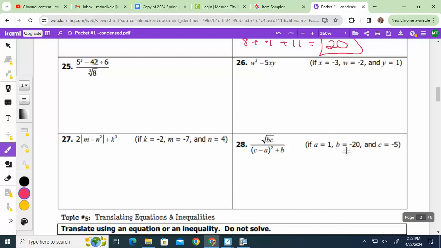All right, what is this one telling me to do? So we have a 2 absolute value. M is negative 7 minus n, which is 4 squared, plus k, which is negative 2 to the 3rd.